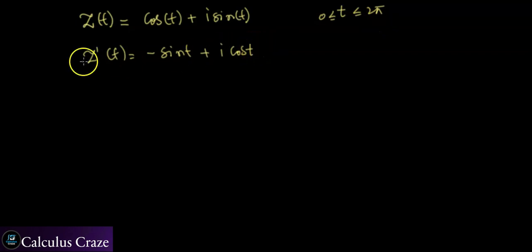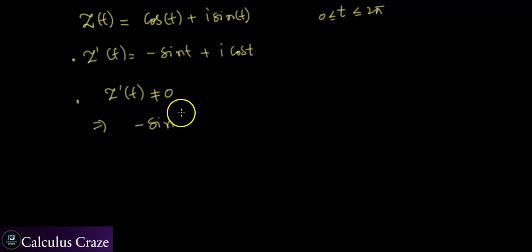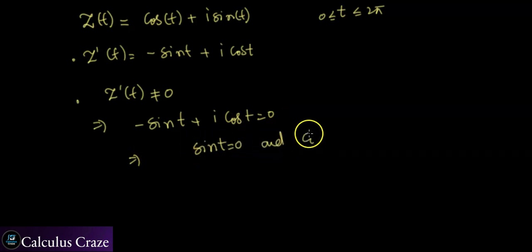The next thing that we need to look at is the derivative to be non-vanishing. So let's check where this derivative vanishes, where it is zero. It is zero at the point where sin t is zero and cos t is also zero. So I need to find a value t where sine and cos both are simultaneously zero, and in this interval, this is not going to happen.